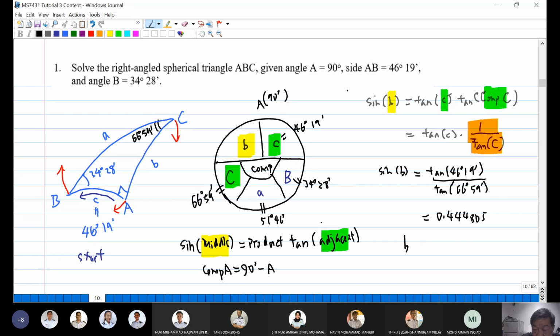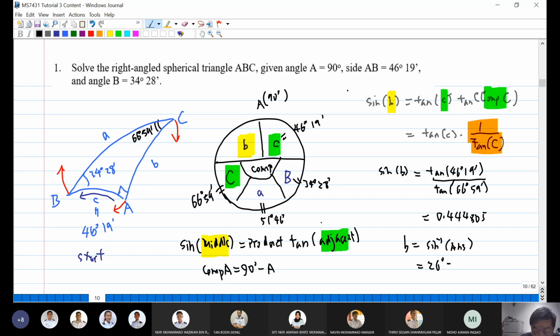So what is B now? B is sine inverse of the answer now. So shift, sine inverse, the answer. Okay, then convert to degrees and minutes and get 26 degrees.